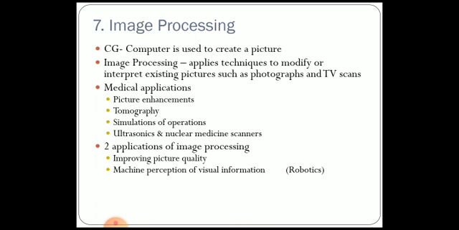Image processing applies techniques to modify or interpret existing pictures such as photographs and TV scans. Medical application: picture enhancements, tomography, simulations of operations, ultrasonics, and nuclear medicine scanners. Image processing could also be used to improve the quality of the picture, can help you have a machine perception of visual information, right?